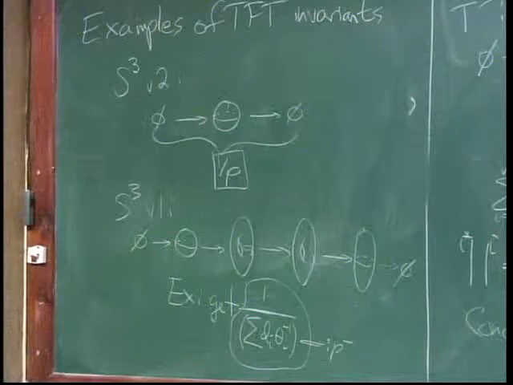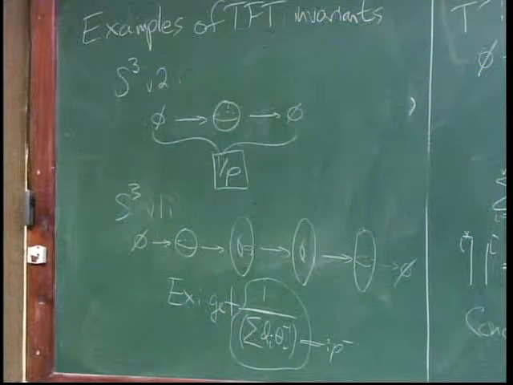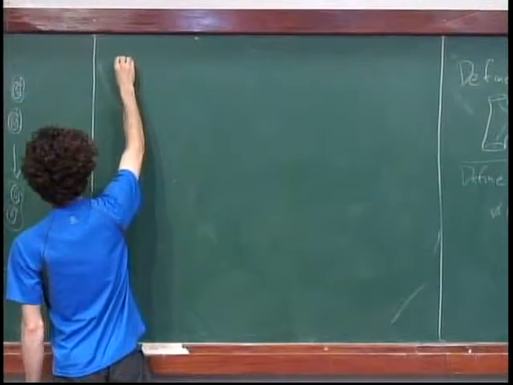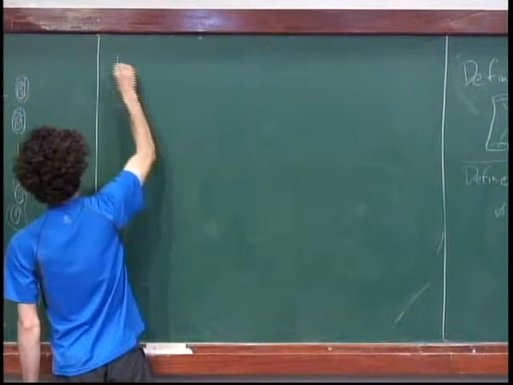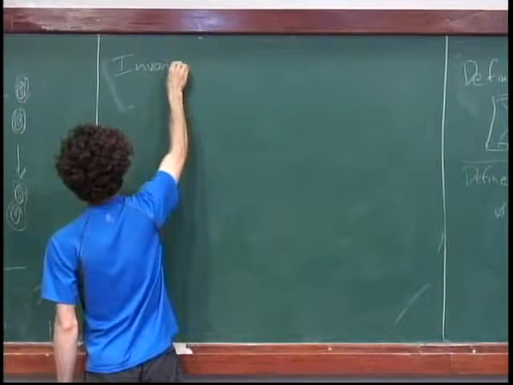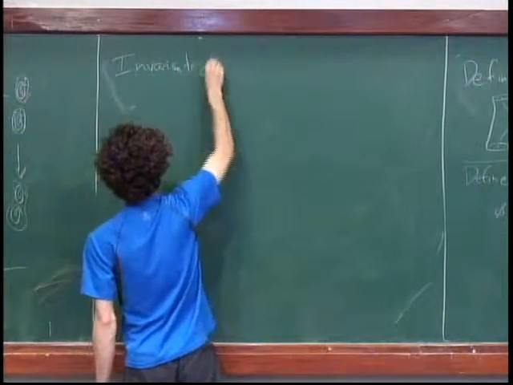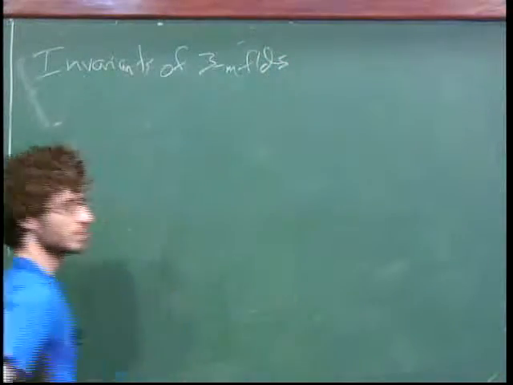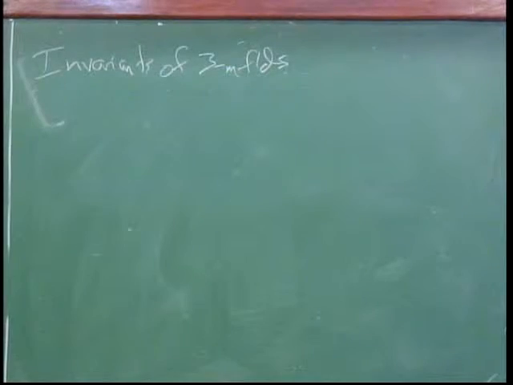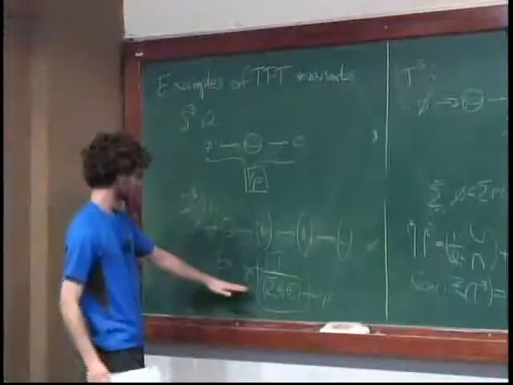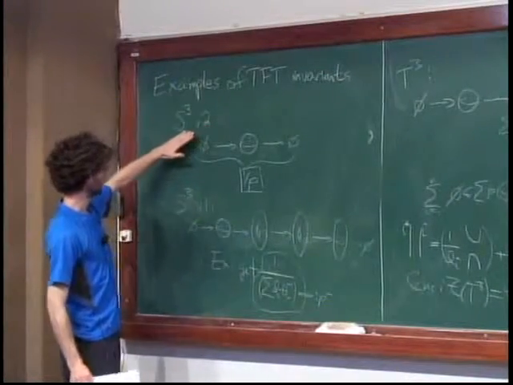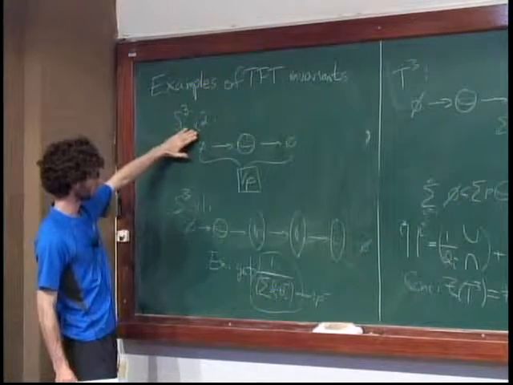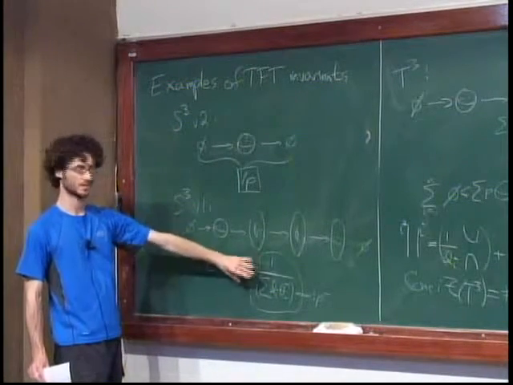And so just to finish up, you can actually produce invariants of 3-manifolds directly that don't depend on the bounding four-manifold, just by getting rid of the difference we saw here. We had 2 different presentations of S3, and we got 2 different invariants.